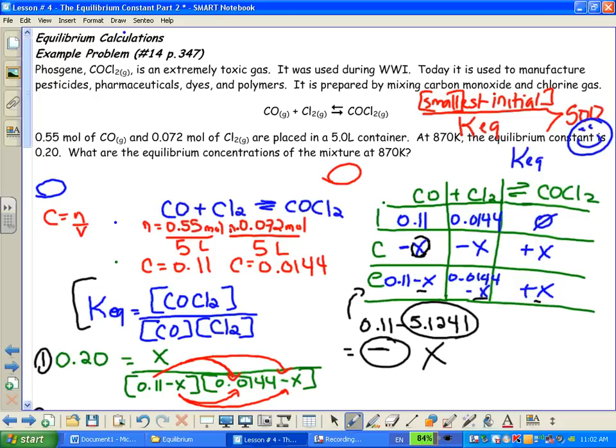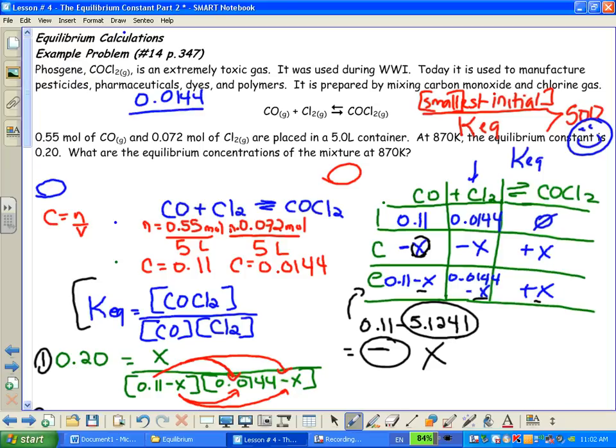If you divide those two and you get something less than 500, then you're probably going to have to do a quadratic, and you have to keep the x value because it is making a huge difference in the change. So for this question, we substitute the smallest concentration, which is obviously chlorine, 0.0144.